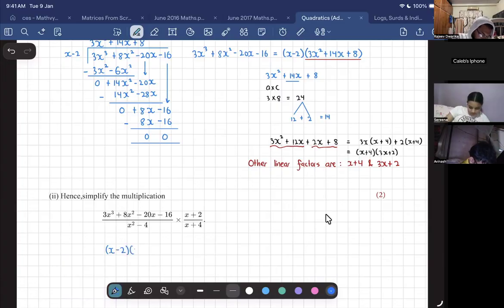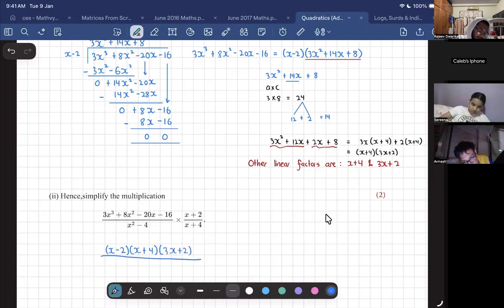By 3x plus 2. You should always write it as a product of its linear factors, because that's as much as you could break it down.